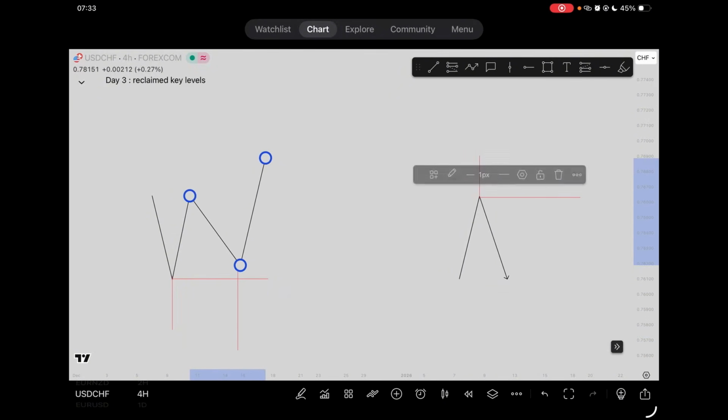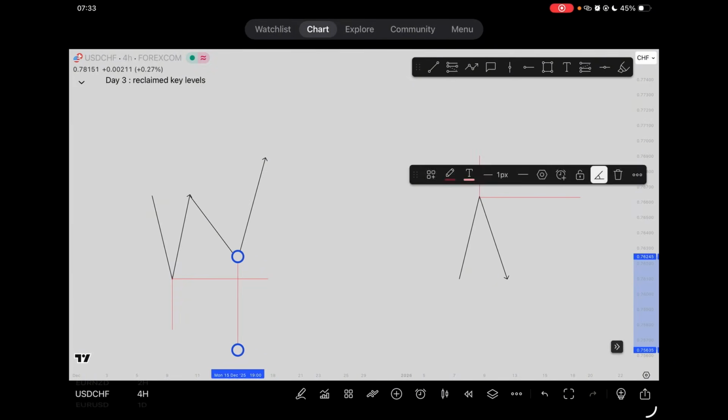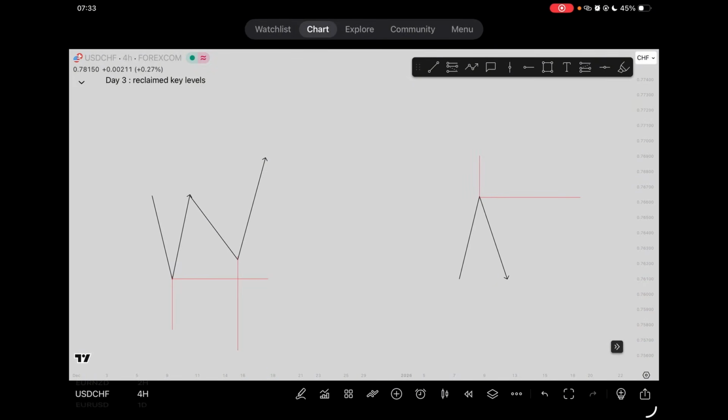It's acting as a resistance, but it is not going in well. The only thing it did is sweep this place, right? Sweep it, then still come back to it. What you notice is that price will come back here before going up.